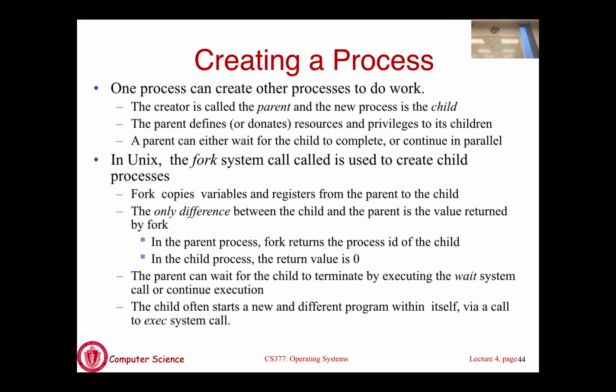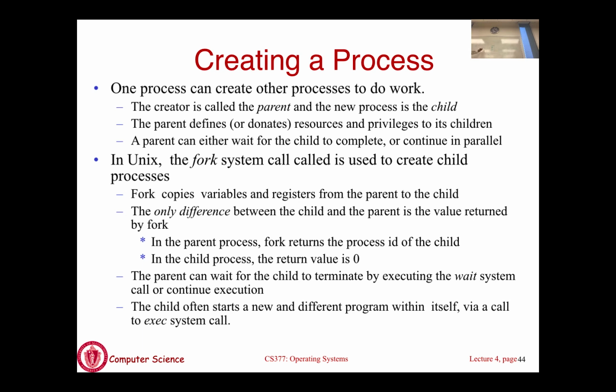So you have process A. You call fork, which creates a copy of itself, which is B. At this point, B just looks like A. It's not doing anything different. But once B continues execution after its creation, it can call a system call called exec.